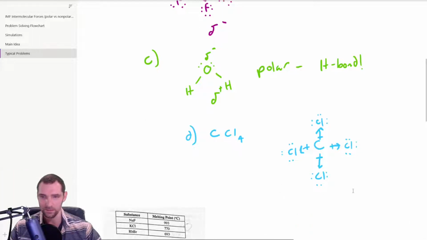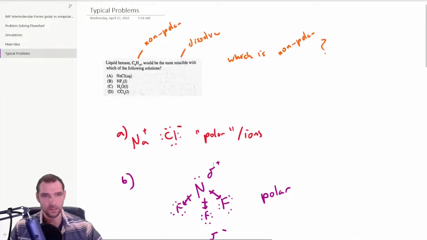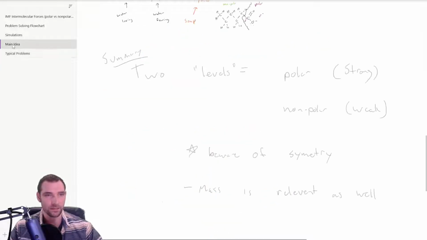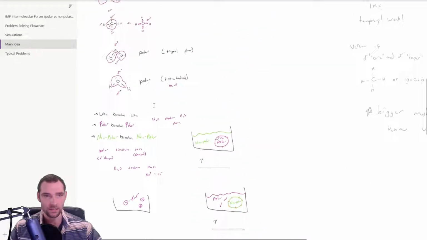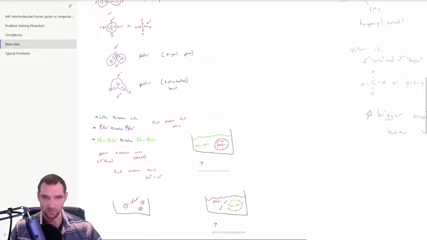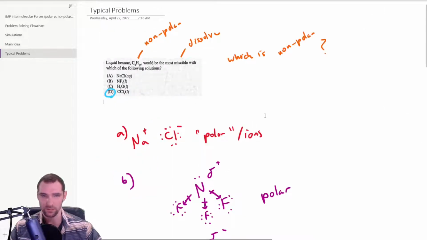And then negative on the outside, but because they cancel out, this is a non-polar chemical, and therefore this part D would be the most miscible. This would be really good at dissolving that, because remember when we talked about this, like dissolves like, polar things will dissolve other polar things easily, but if they're different, non-polar and polar, they don't dissolve very well.